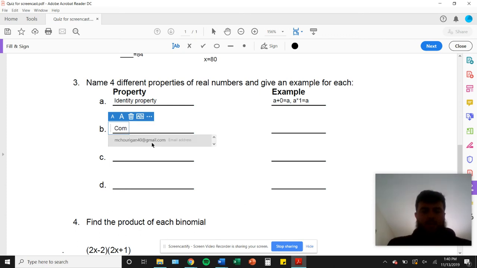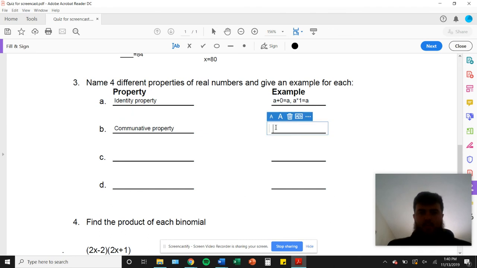The commutative property says that A plus B equals B plus A. That also applies with multiplication, where A times B equals B times A. Another one we had was the associative property, and that's the one with parentheses.